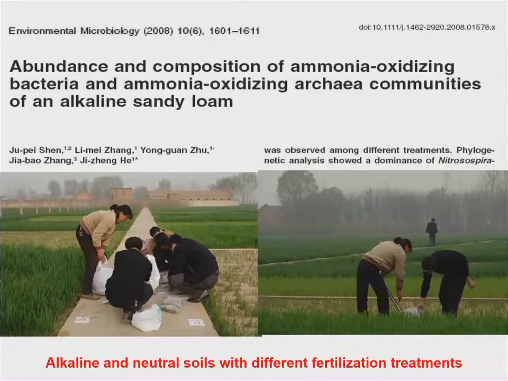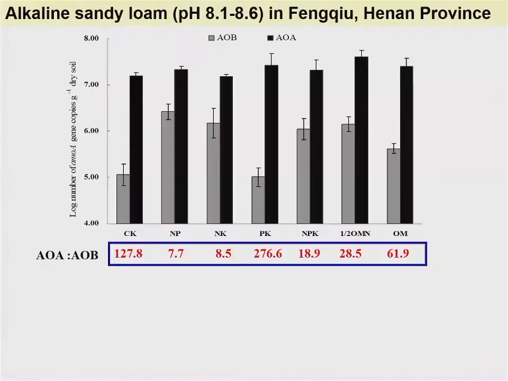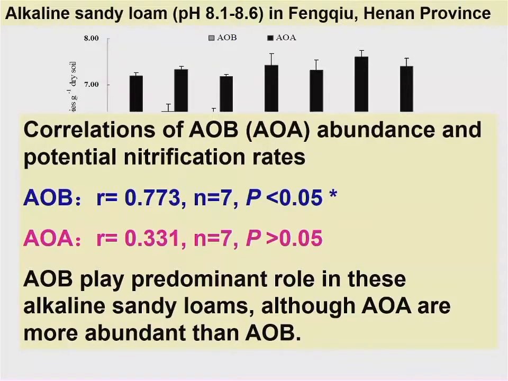And then in another soil, which we call the alkaline sandy loam, the dark color is also AOA, and the gray color is AOB. This dark color is much higher than this gray color. The AOA is several times to several hundred times that of AOB. But only AOB, bacteria, has a positive relation with potential nitrification rates.